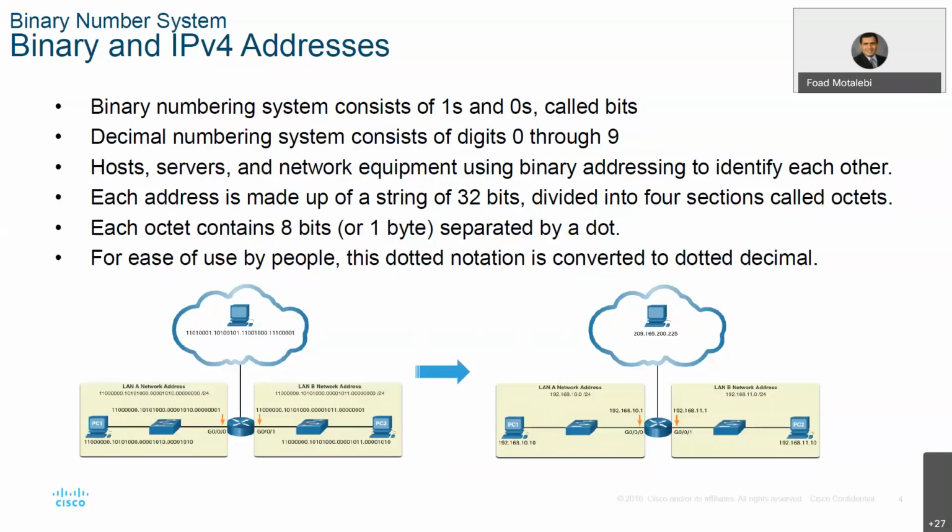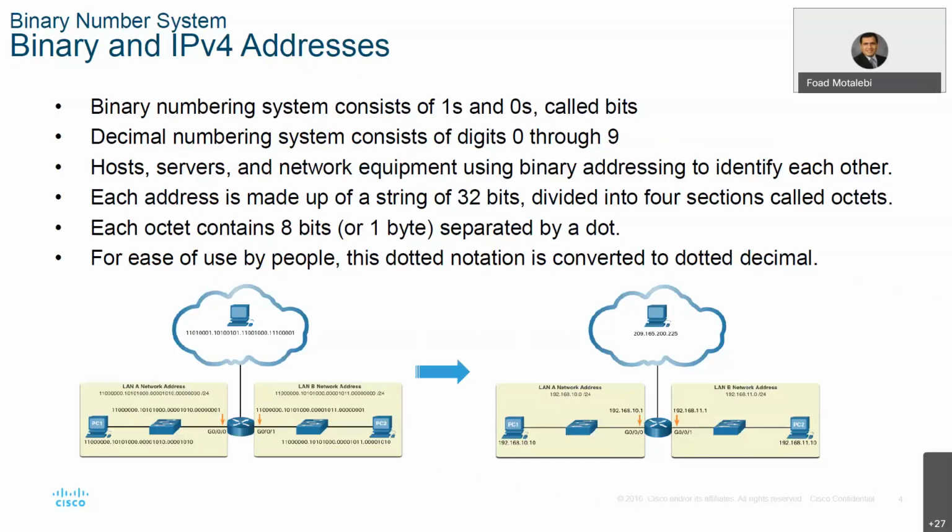The answer is the subnet mask. The subnet mask will be given to you. When the subnet mask is given to you, then you know, aha, if it's 255.255.255.0, that means 255, 8 bits, plus 255, 8 bits, plus 255, 8 bits.